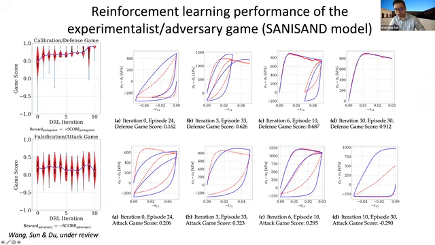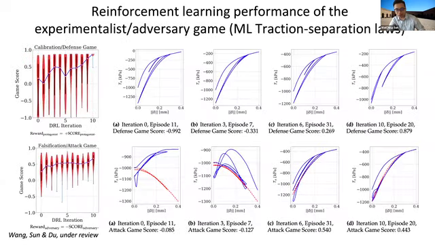And we also compare with our machine learning effective stress separation law, and we can see a different tendency here. So this one in the works, at the beginning, you can see that it successfully attacked the model, which is actually reasonable because at the beginning, the first agent doesn't know what kind of data could lead to a very robust result. But as the game progresses, both of them get closer and closer to the steady state.